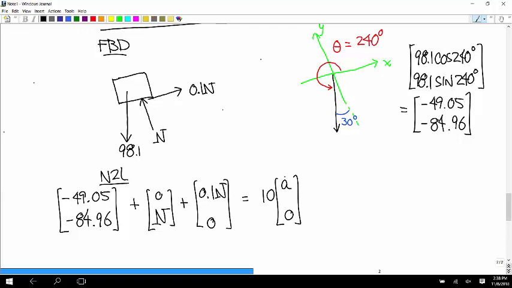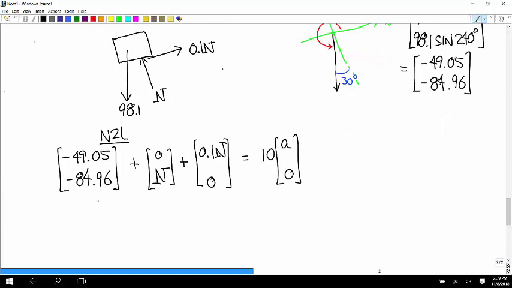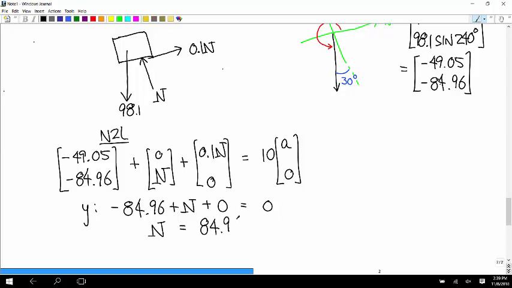And one of the nice things about using this rotated coordinate system is the acceleration always shows up the same way. So the y equation says negative 84.96 plus n plus 0 is equal to 0. So n is equal to positive 84.96.